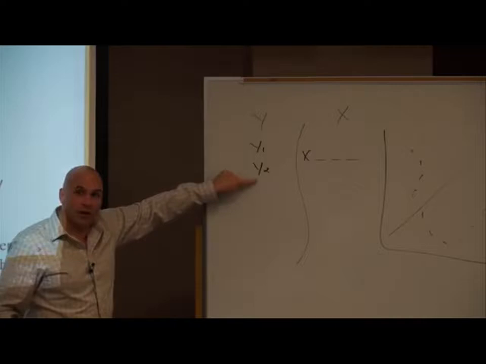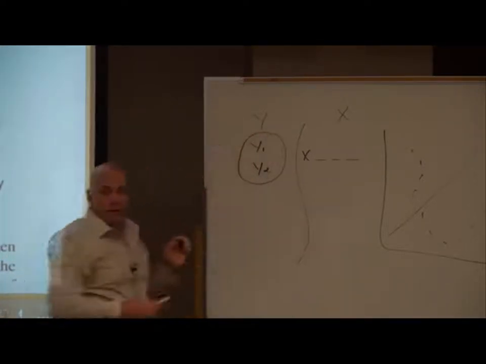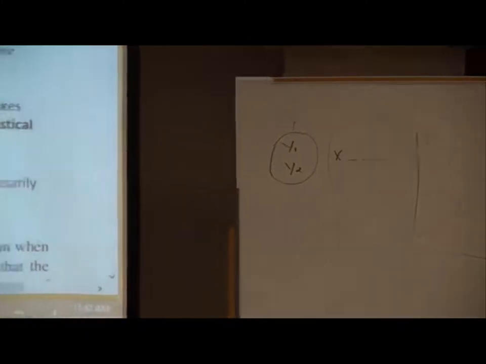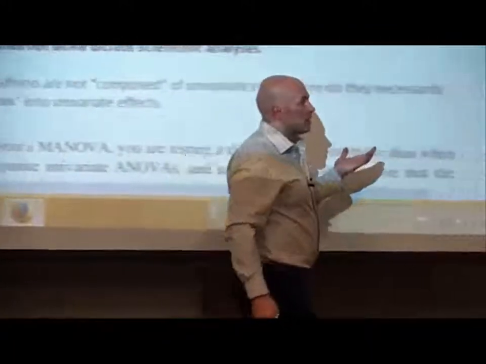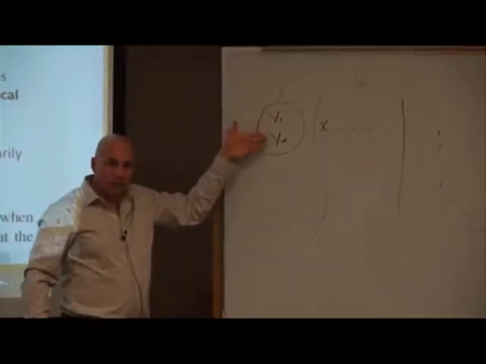It's not that I have 2 variables. It's that these 2 variables, theoretically, according to my theory, generate a meaningful linear combination. And if they don't generate a meaningful linear combination, I shouldn't be doing multivariate analysis of variance. I'm probably better off with doing univariate analyses on each y.